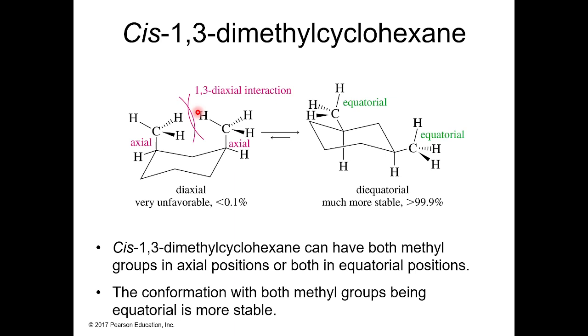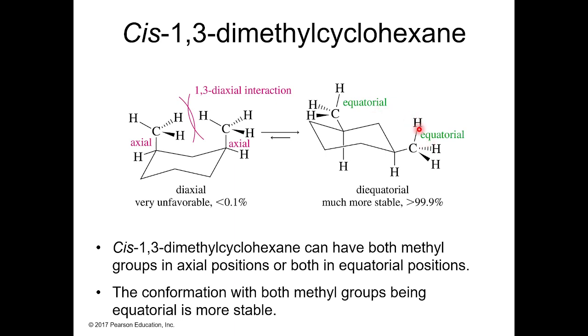So you're going to get a larger interaction, more steric interference. This is highly unfavorable. You'd only have less than 0.1% of your population in this form. This is a pretty big energy difference. This one's going to be much more stable, with 99.9% of your population in this form, because this is the equatorial, which does not have a 1,3 diaxial interaction.